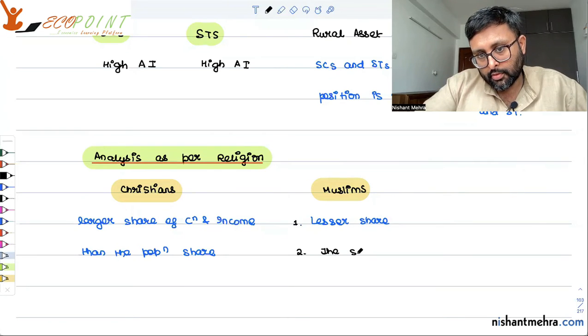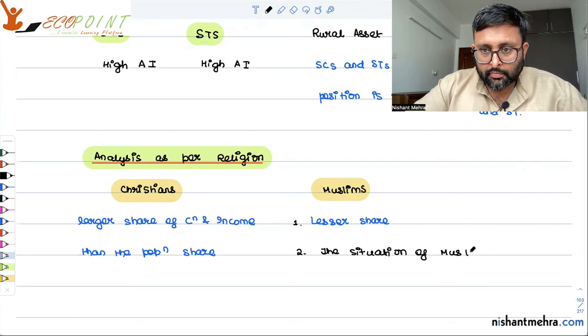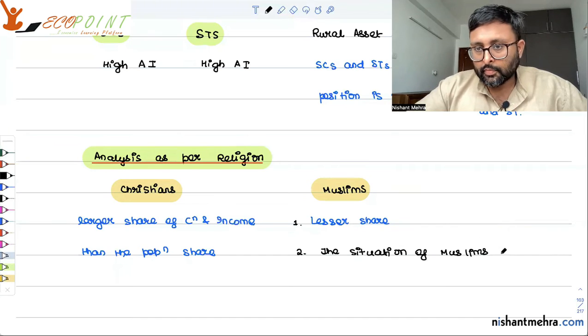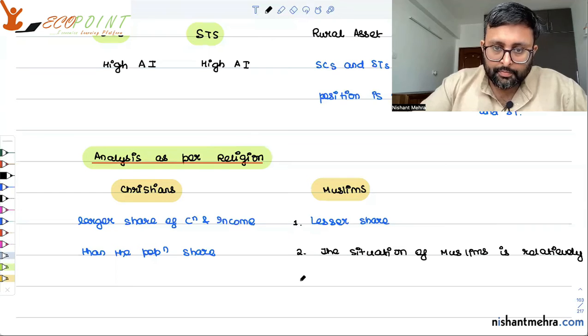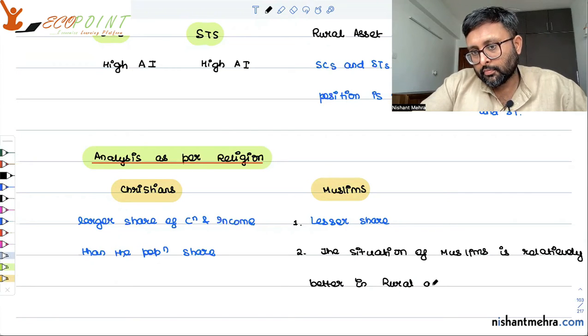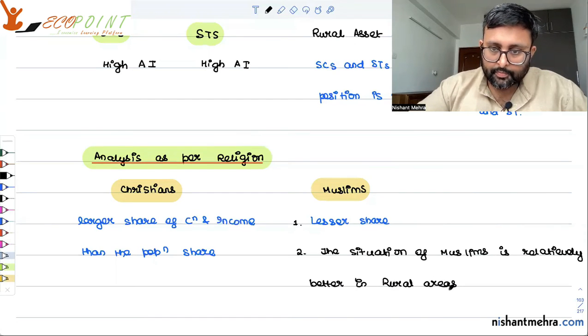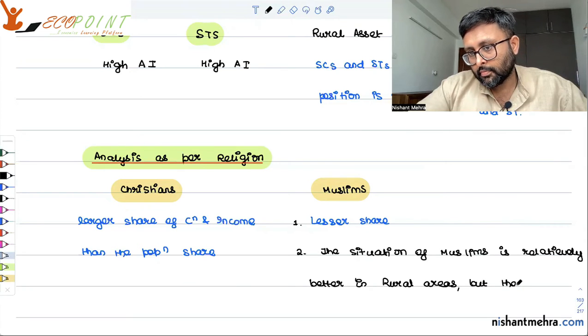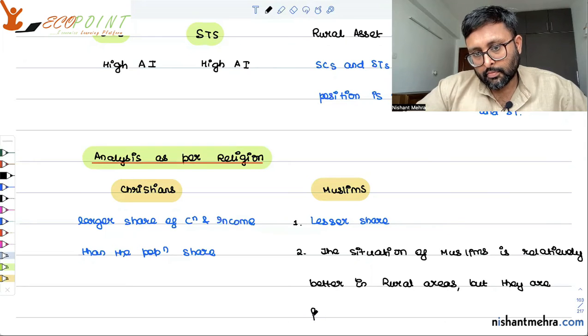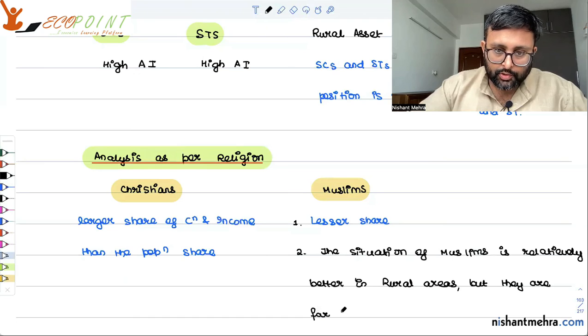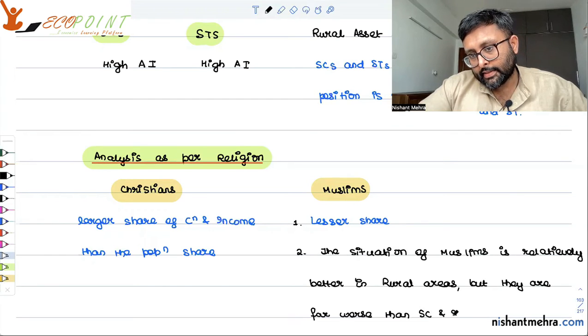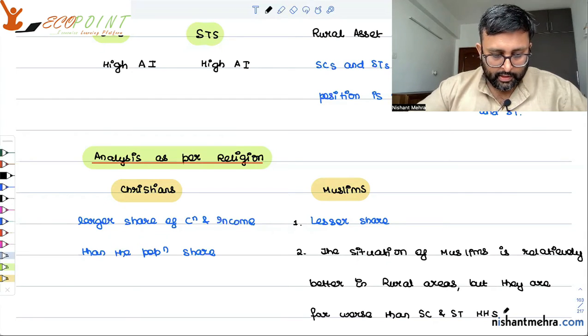The situation of Muslims is relatively better in rural areas, but they are far worse in SC and ST households in urban areas.